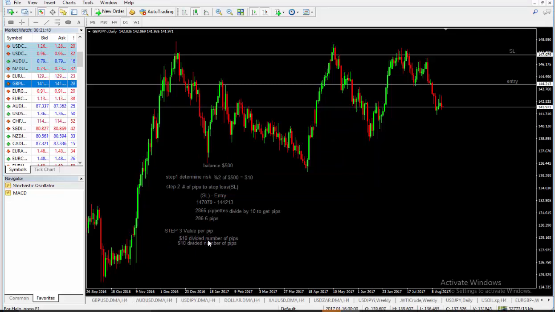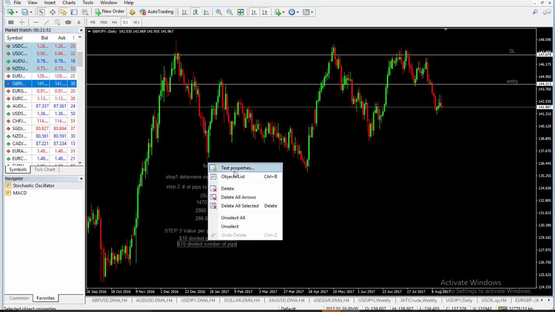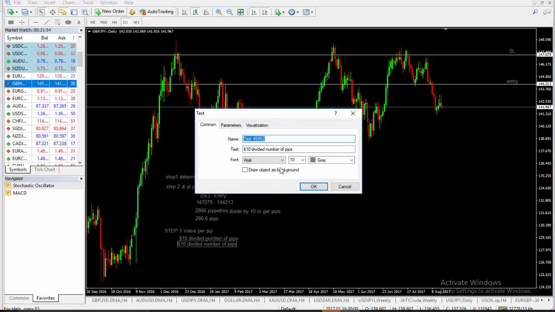In this case, the number of pips is 286.6, which will be 10 divided by 286.6.